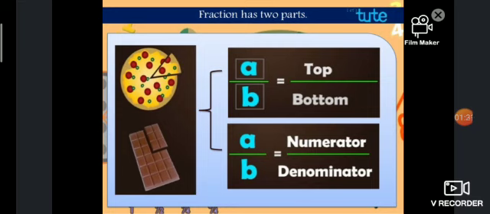Now, a fraction has two parts, A by B. A at the top, B at the bottom. A is called the numerator, B is called the denominator.